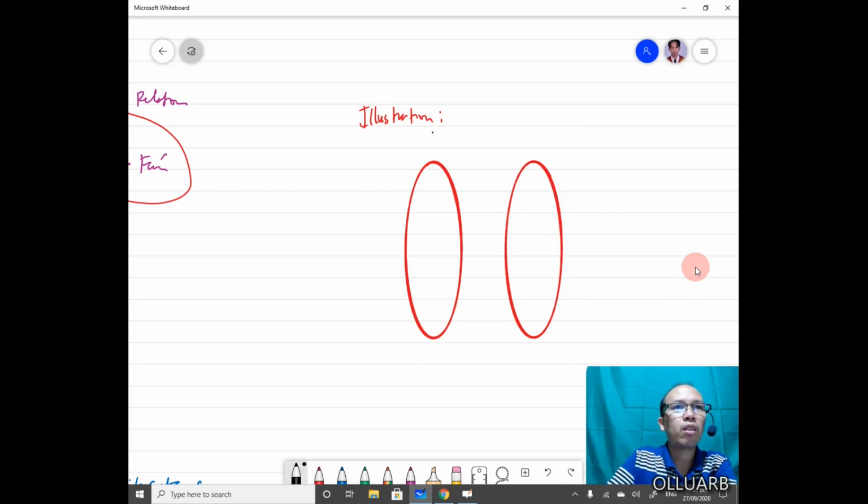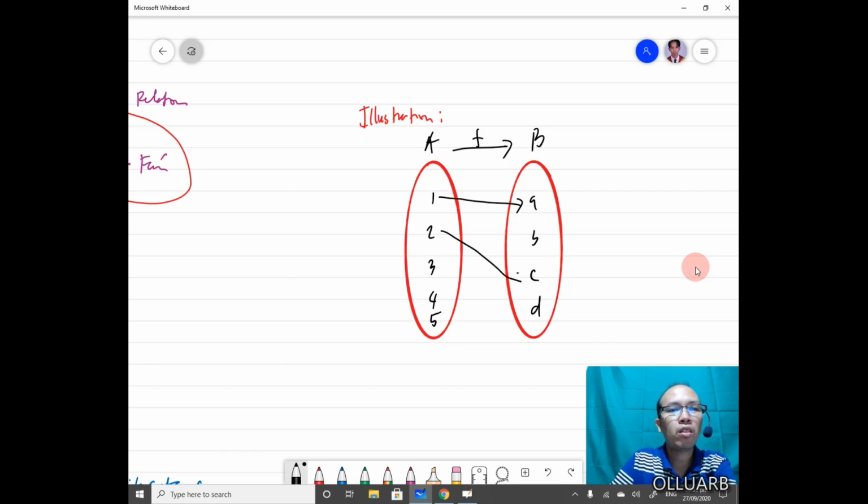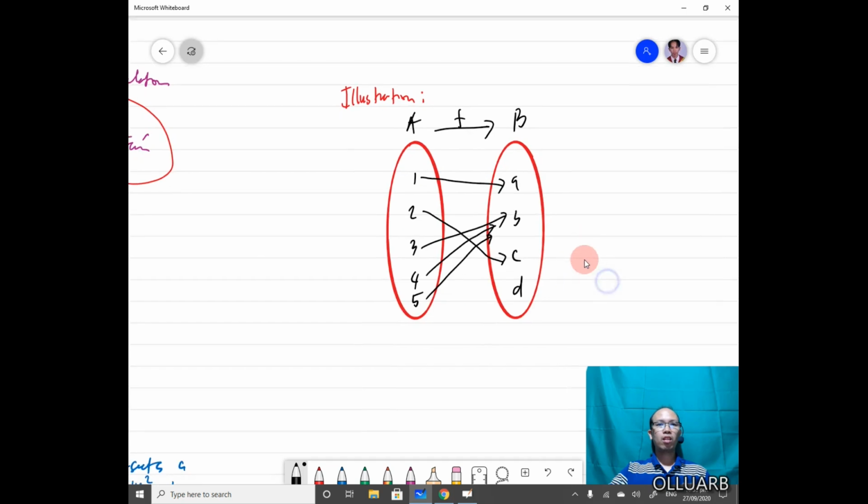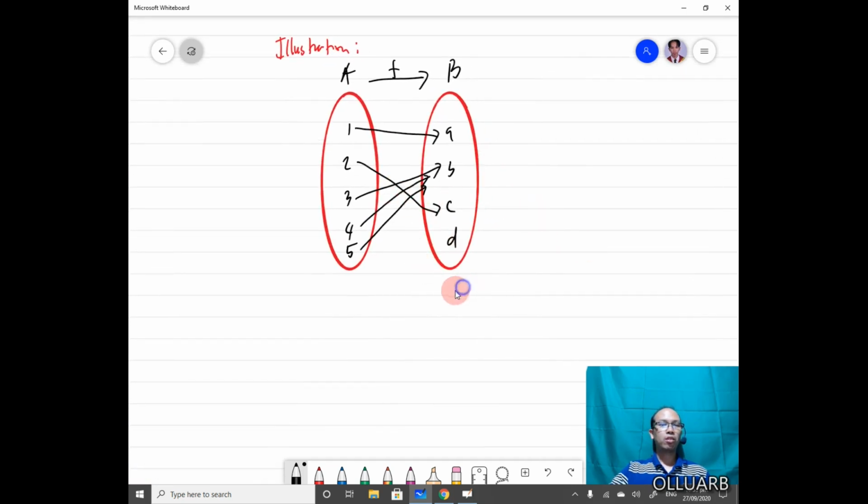So what if you have a domain and a codomain? Let's define this as a function. Suppose this is a function. We have 1, 2, 3, 4, 5, and we have a, b, c, d. Suppose that this is the mapping. This is a function.